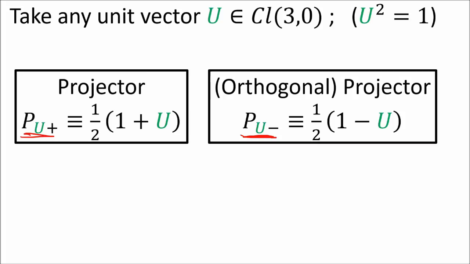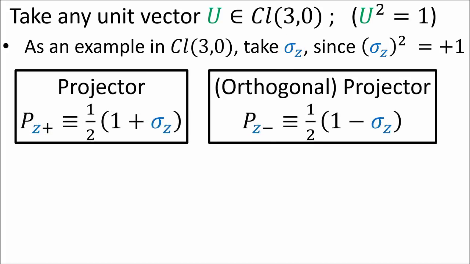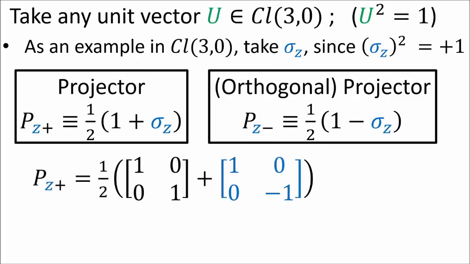As a specific example, we can look at the z unit vector, sigma z. If we look at the 2x2 matrix representation of the sigmas, we know that 1 is just the 2x2 identity matrix, and sigma z is just the z Pauli matrix, with entries 1, 0, 0, -1.